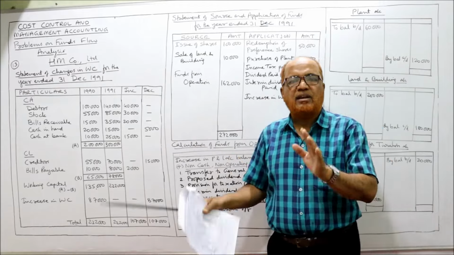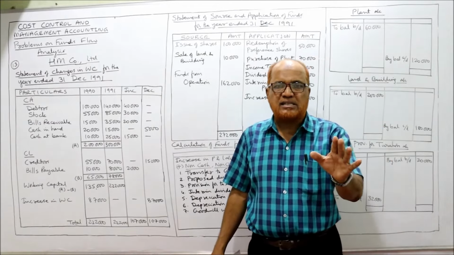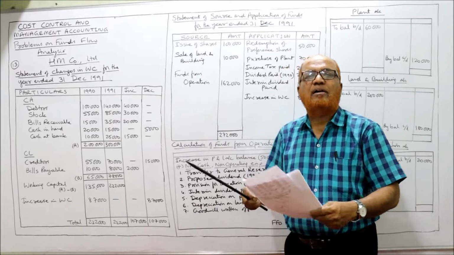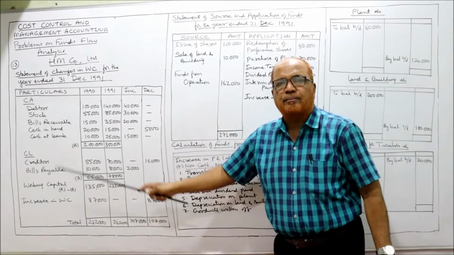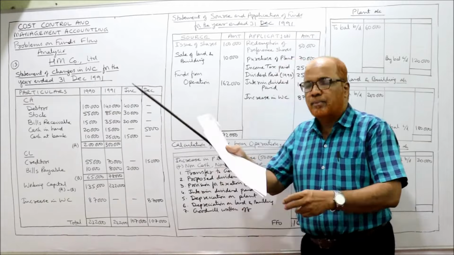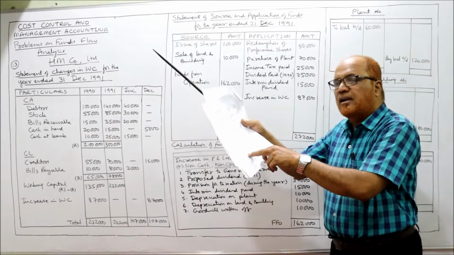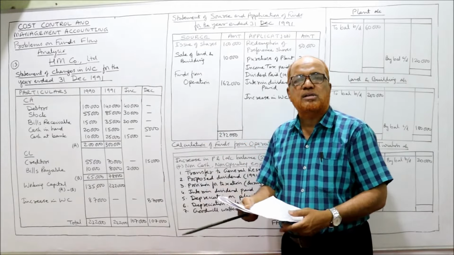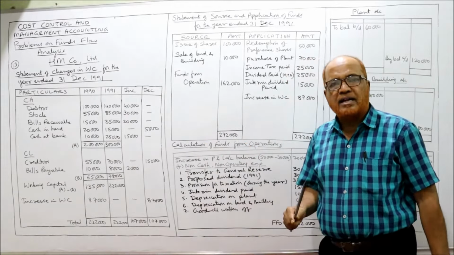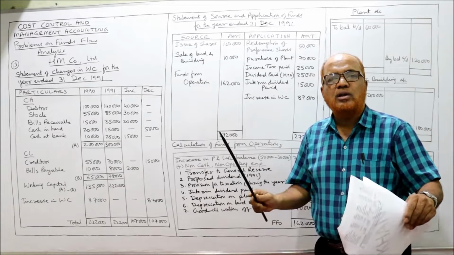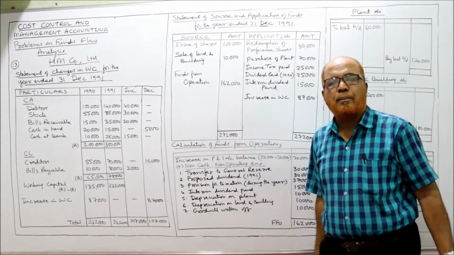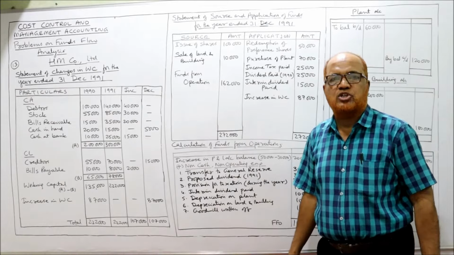If nothing is given regarding dividend and provision for taxation, only in the balance sheet if it is given, then we would have taken it as a current liability. But here in our problem, adjustments are given, an interim dividend paid and income tax of 25,000 has been paid. When adjustment is given, we will not treat it as a current liability. We will treat it as an appropriation of profit.